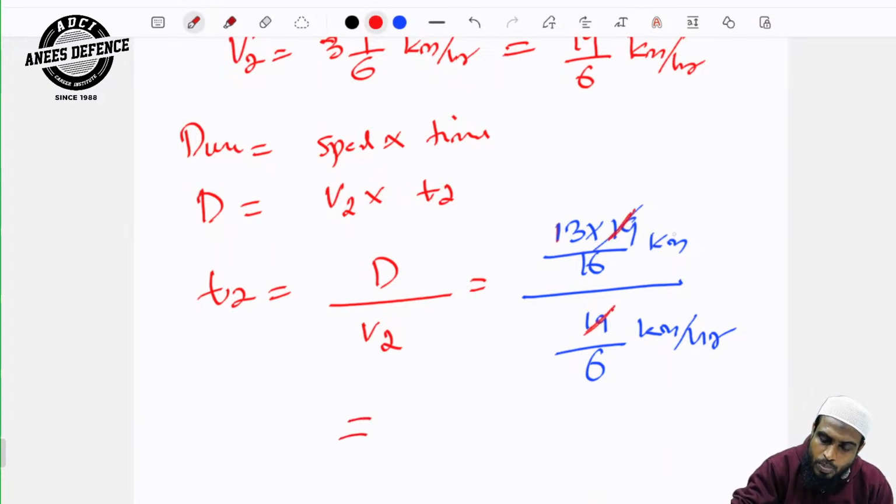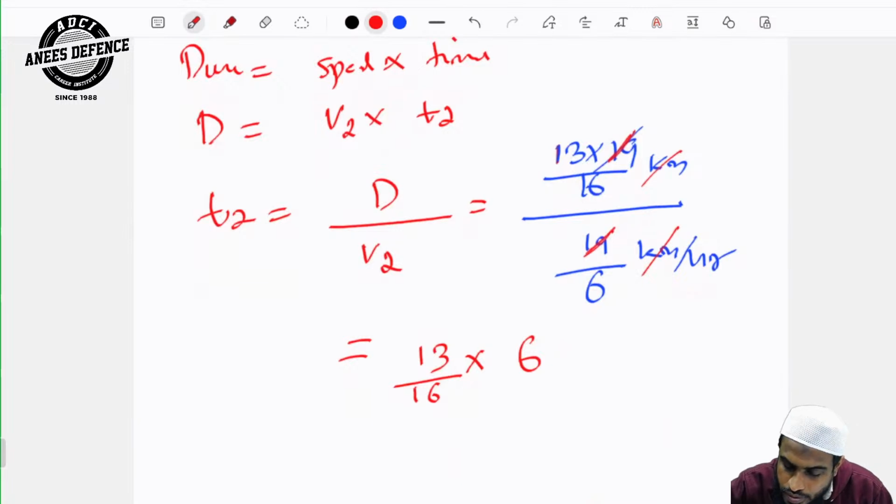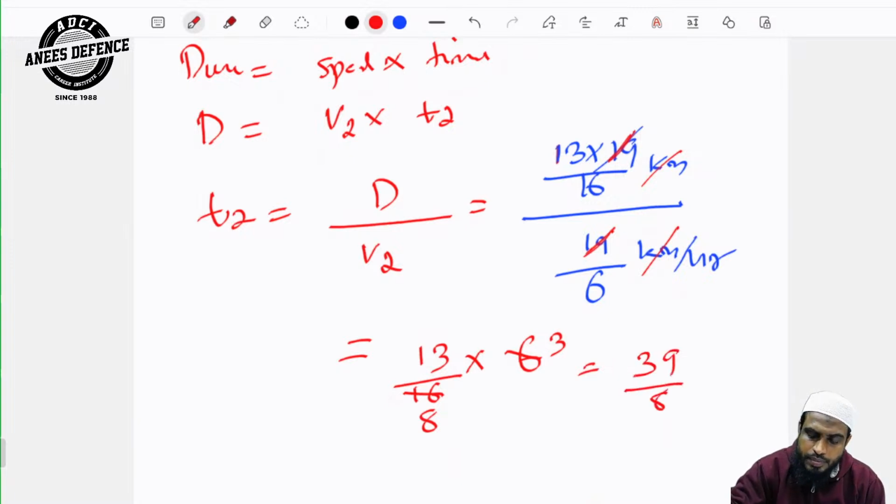The kilometer cut means hour will be coming to the top. So 13 by 16 into 6. 3 into 2, 6. 8 into 2, 16. So 13 into 3 is 39 by 8.